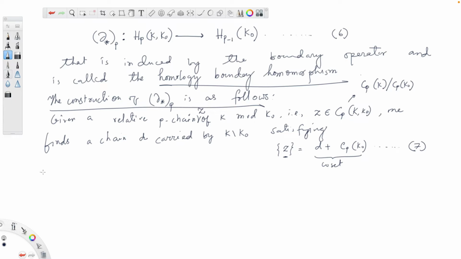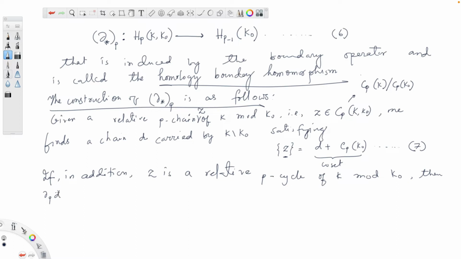If in addition Z is a relative p cycle of K mod K0, then del p of D is carried by K0.